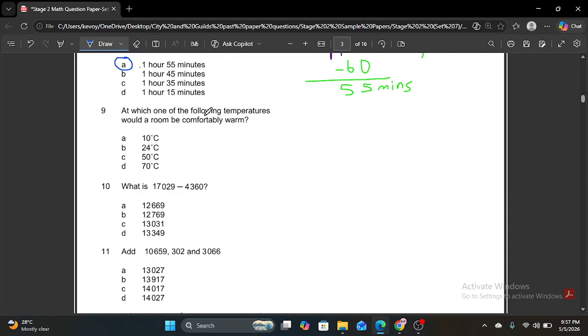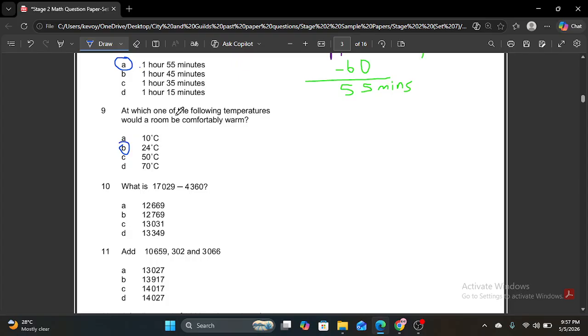So what's a warm room temperature? At most we have 10 degrees Celsius, and we have 24. So what's a warm room temperature? That would just be 24 Celsius.